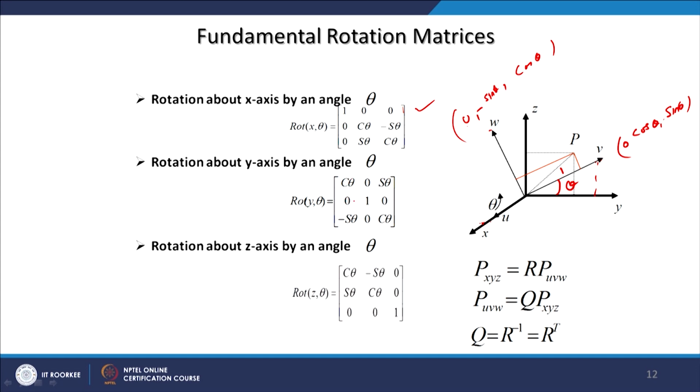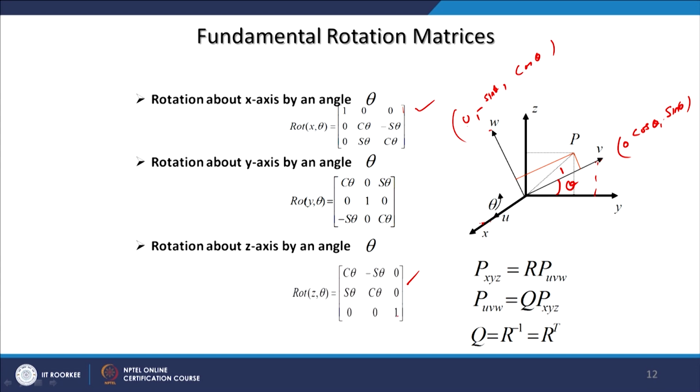Cos theta, 0, minus sin theta will be the coordinates of the x axis after rotation, and for the z axis after rotation the coordinates are sin theta, 0, cos theta. Similarly, the rotation about the z axis can be written in this expression. So, these three rotations are called the fundamental rotations.